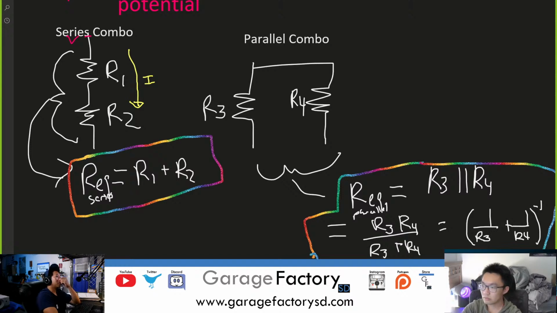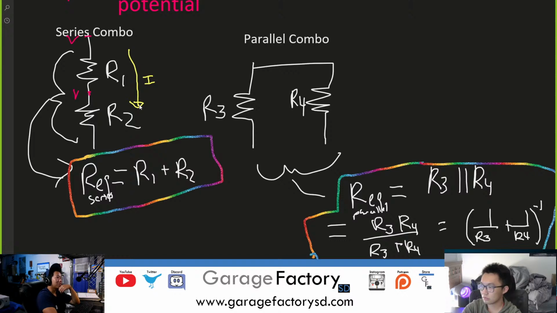But then what's neat is that at this point it's a smaller voltage because it forms a resistor divider. Current flows through these resistors.